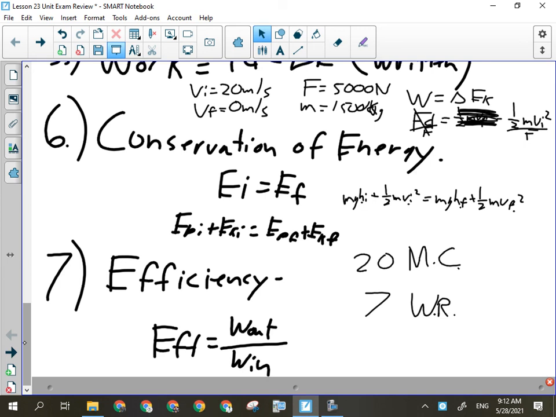Then you have a velocity versus time graph problem where I ask you to calculate 3 things. Questions 4 and 5 are your work energy theorem questions.